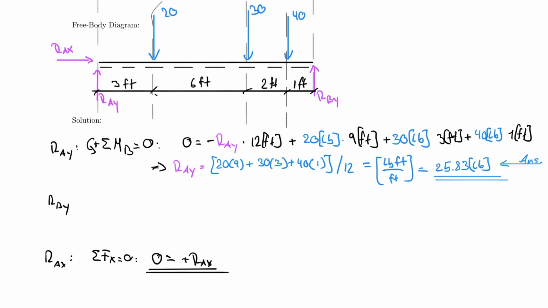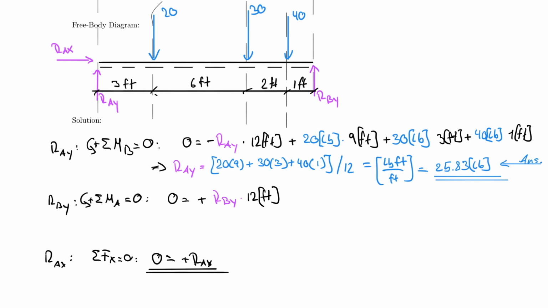Let's do the same thing for the other equation, for RBY. So to calculate RBY, I take the sum of the moments about A to be 0, counterclockwise positive, and then 0 is equal to plus RBY multiplied by 12 feet.